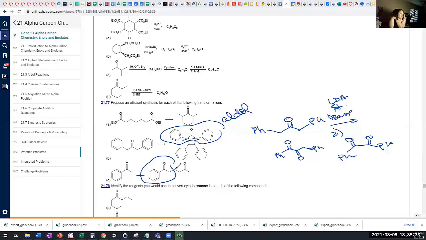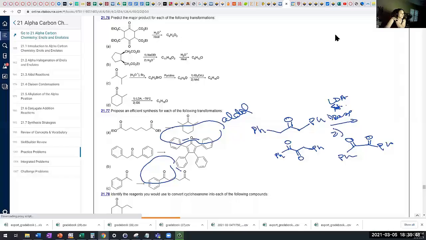My vision for this is that maybe I could do a Michael addition onto this compound, or I may have had something there that I could have done some sort of substitution with on this molecule. Now, what we do know is that if I made this an enolate, it's actually not really a good Michael donor. It more than likely would react to the ketone and do an aldol reaction.